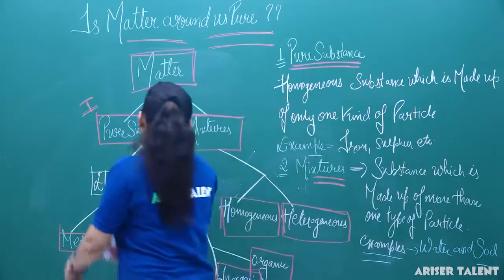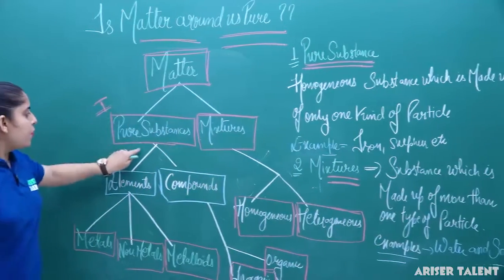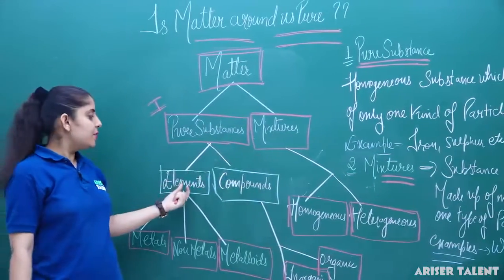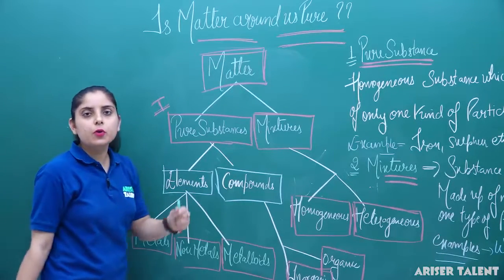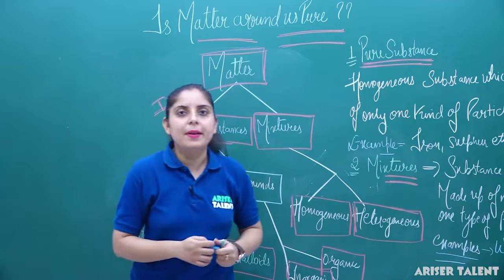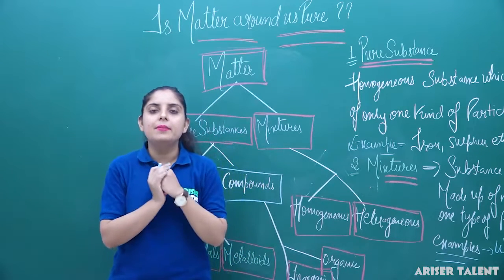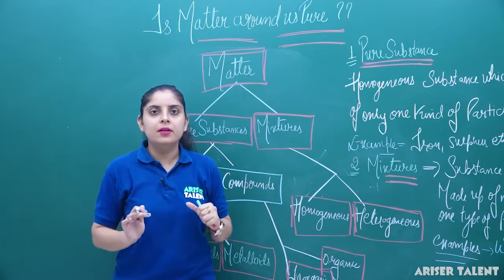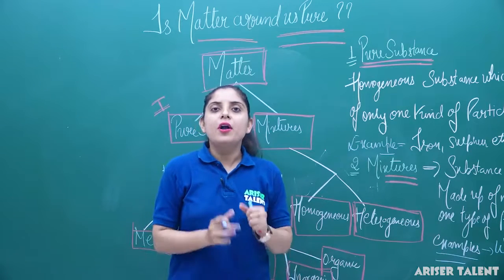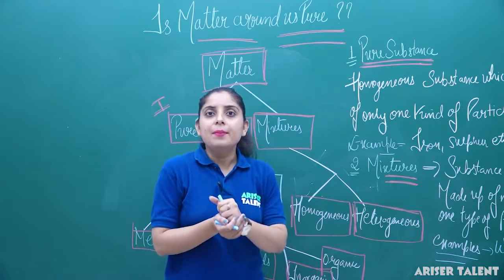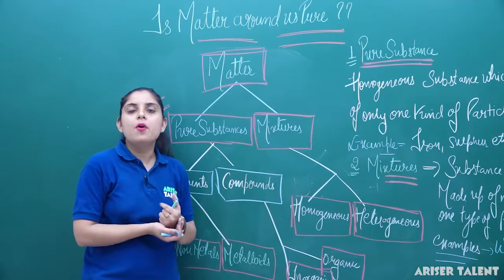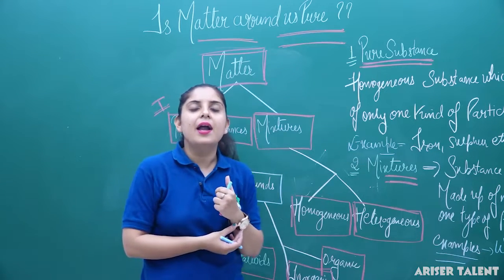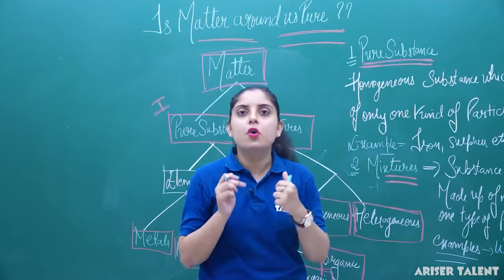Now, after discussion of pure substance and mixture, what is the first category here? You can see that the first category here is elements. So you have to deal now with the element. We have heard about the term element so many times in our day-to-day life. So what actually are the elements? Elements are actually pure substances which are made up of the same kind of particle and whose further division is not possible.